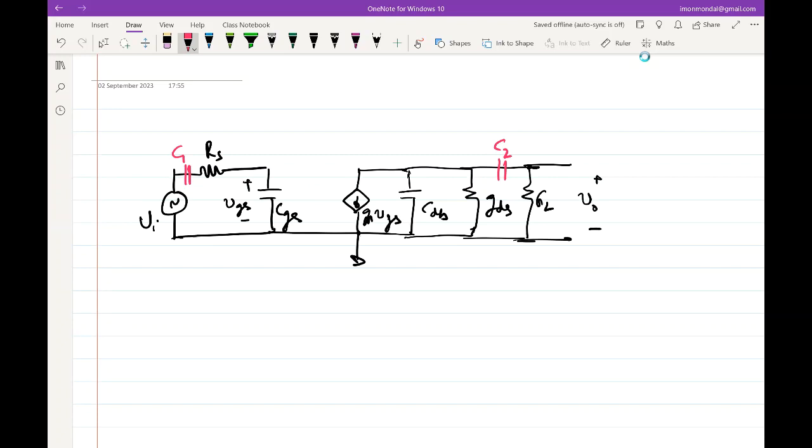If they are not, then we'll have to choose some values in order to ensure that the signal actually flows through it. And we saw what were the constraints. The poles associated with C1 and C2 should be at sufficiently lower frequencies and so on, right? Assuming that those constraints are met, then I don't have to carry forward the effects of C1 and C2 for my further analysis, right? So this is again a typical thing in design, any design.